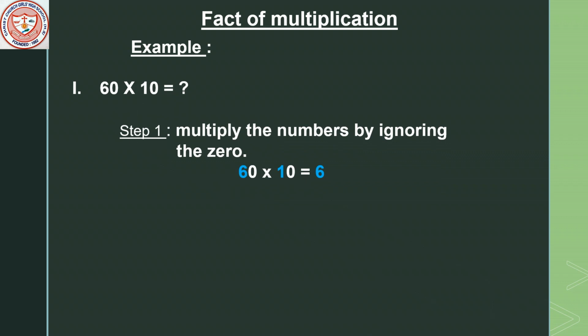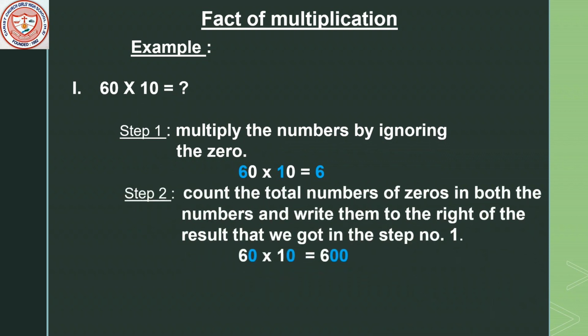Look. 6 into 1 is equal to 6. Step number 1 will be 6 into 1 is equal to 6. Now, step number 2. Count the total number of zeros in both the numbers and write them to the right of the result that we got in step number 1.